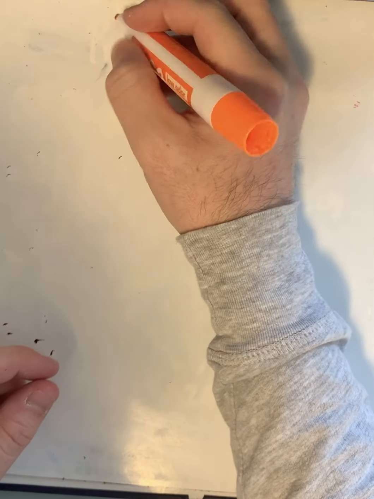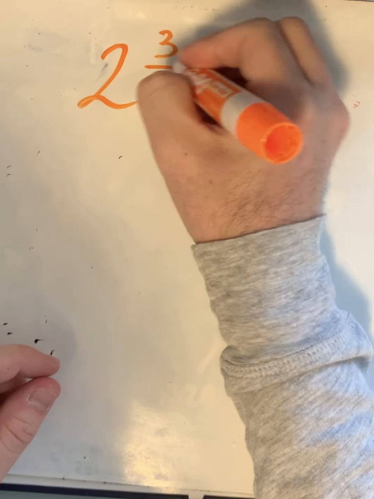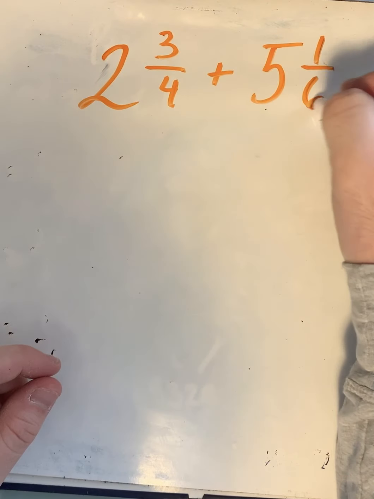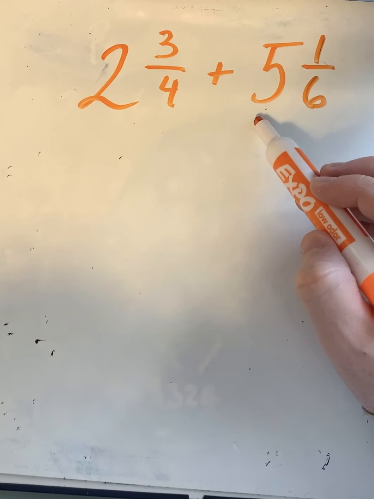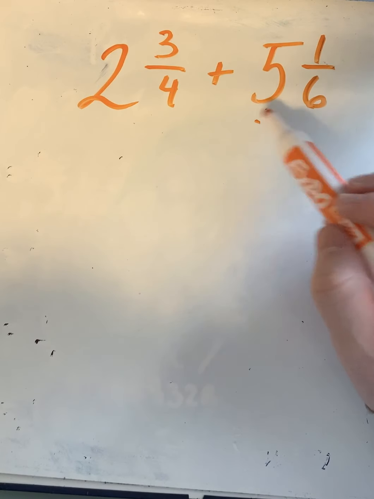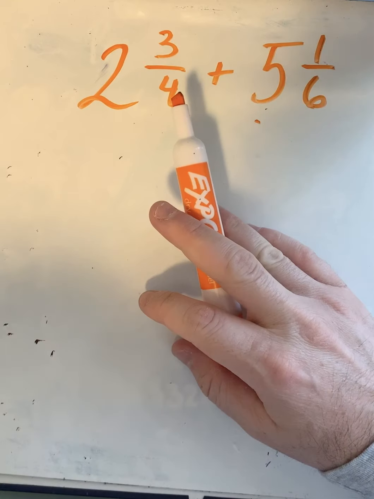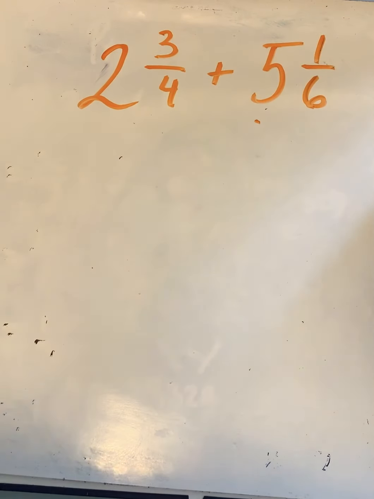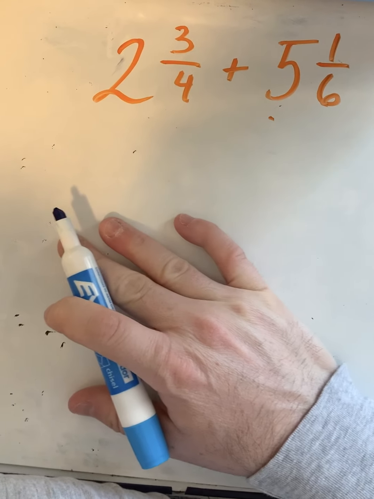If we're given the question 2 3/4 plus 5 1/6, some people will add up the two whole numbers and then add up the fractions and add it to the whole numbers. That is totally acceptable, but I'm going to take you through the less complicated, more altogether step right now.